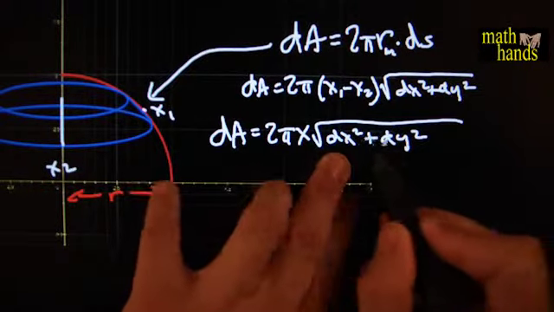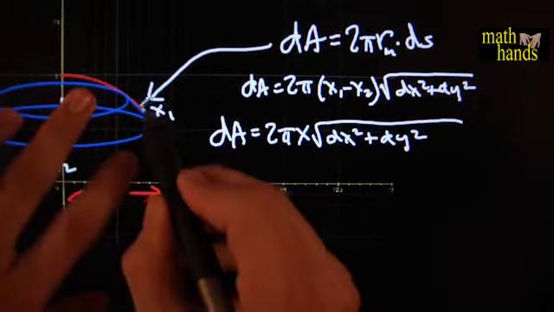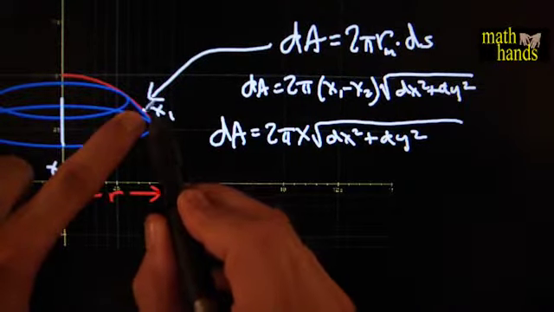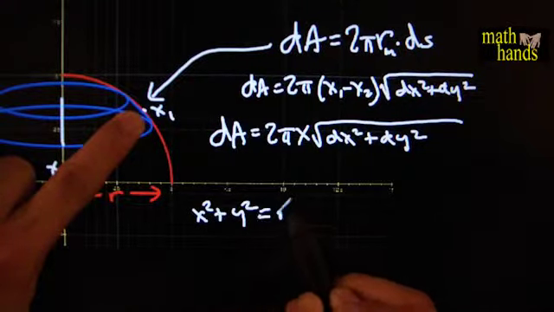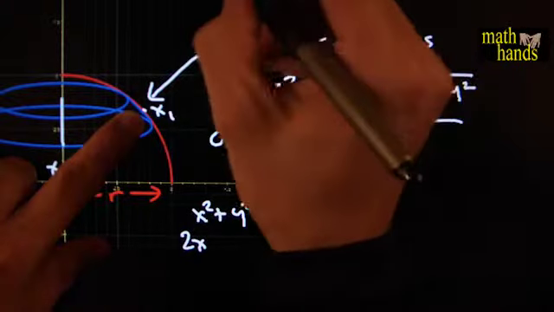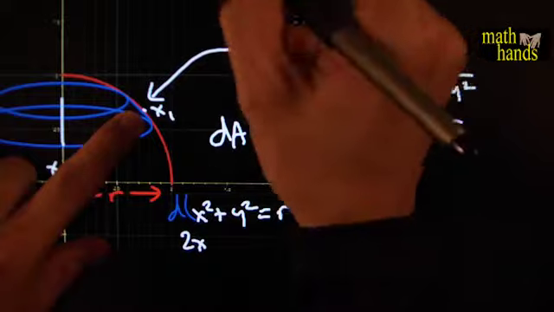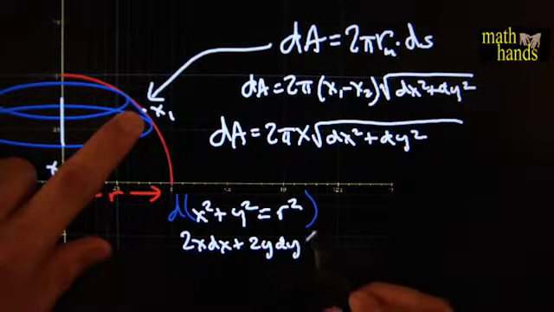Alright, I gotta make a decision here. I'll keep the x's or keep the y's. I'm gonna keep the x's, so I gotta get rid of the y's. I need the relationship between x's and y's for this one right here. So that's given by x squared plus y squared equals r squared. So therefore, I'm gonna slap a d on both sides, a d on that side, a d on that side. So I get that 2x dx plus 2y dy is equal to 0.